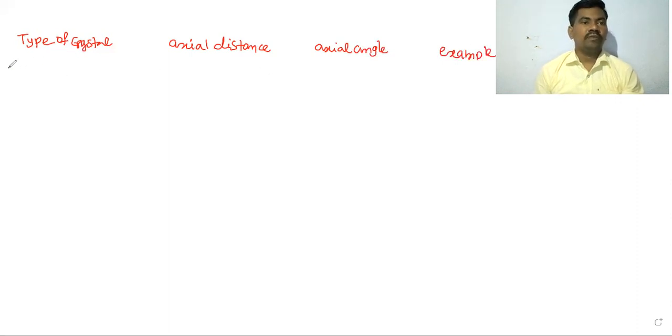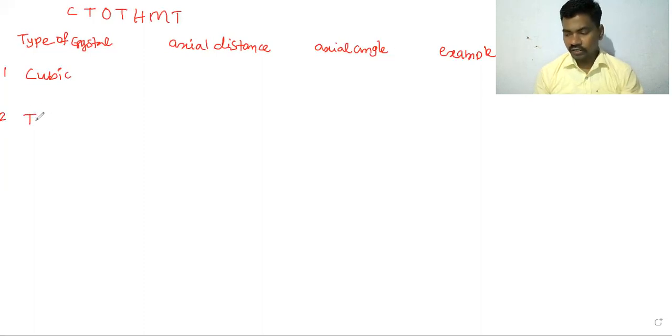Number one, type of crystal is cubic. You remember C T O T H M T. Okay, this is the 7 crystal systems: C, T, O, T, H, M, T. Then the second one is T, it is tetragonal.